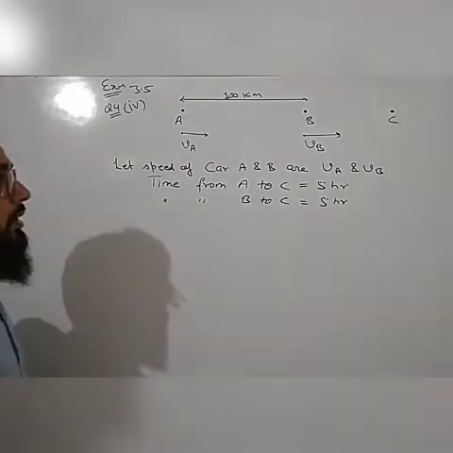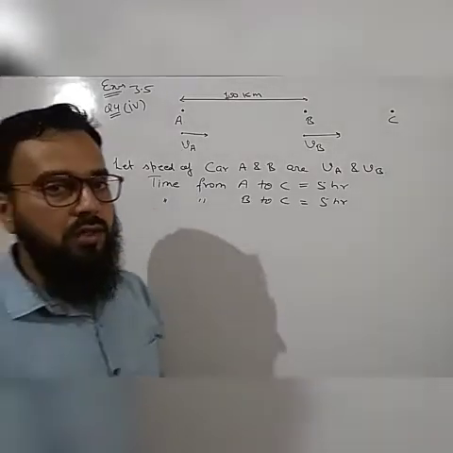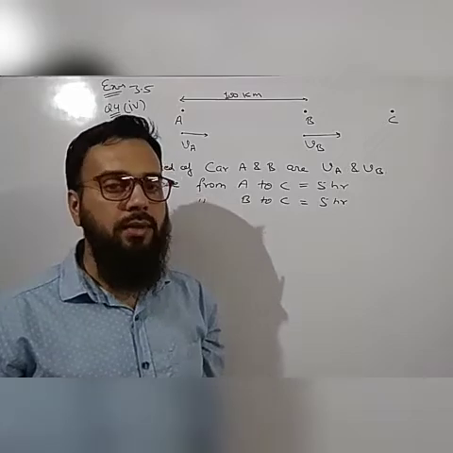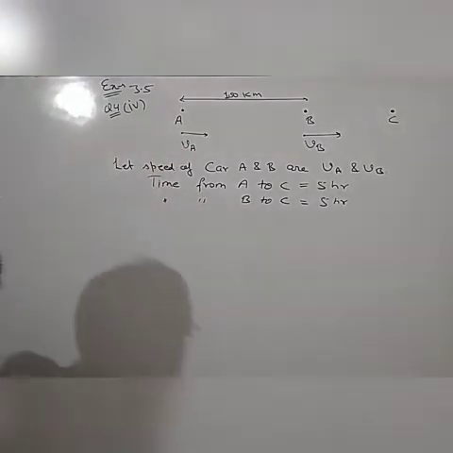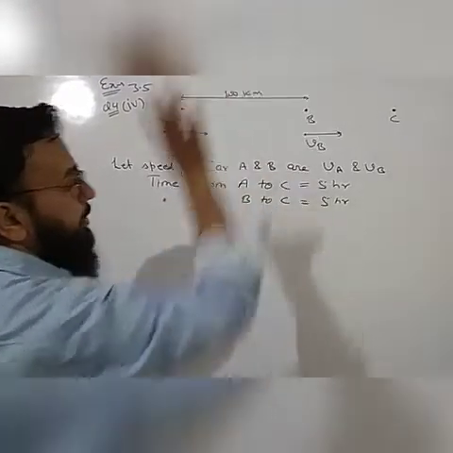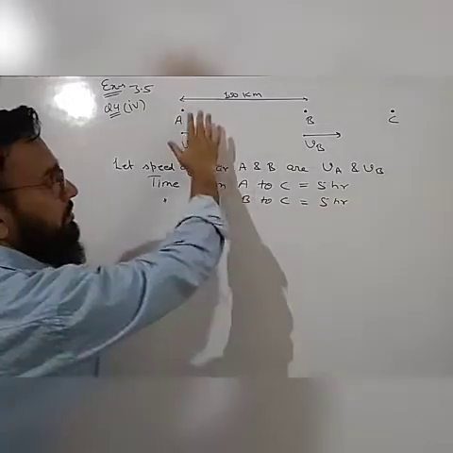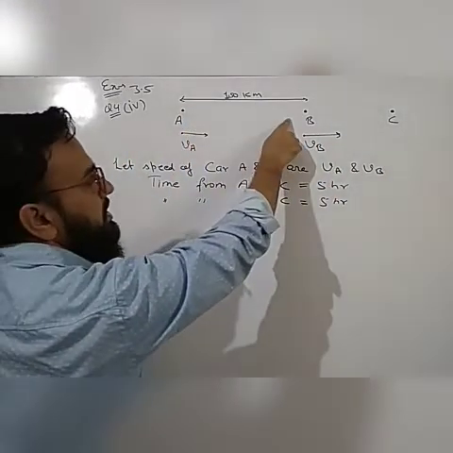Clear? Now, what is the formula of speed? You know, speed is equal to distance upon time. Now, from this diagram, the distance from A to B is 100.